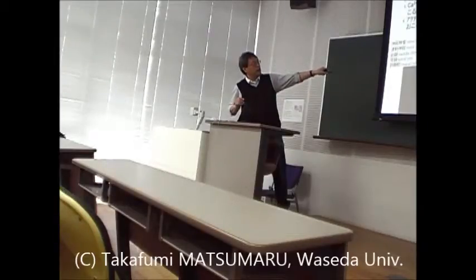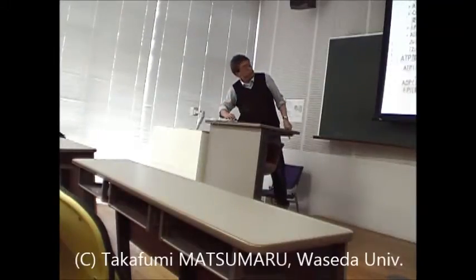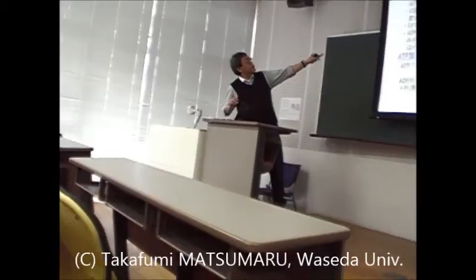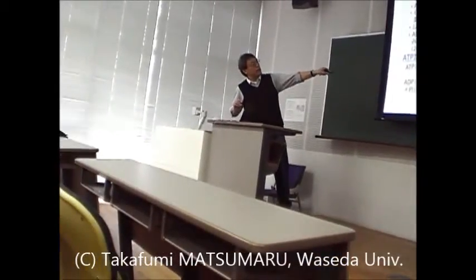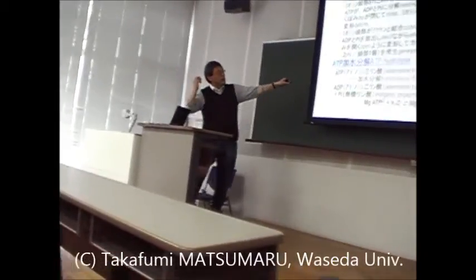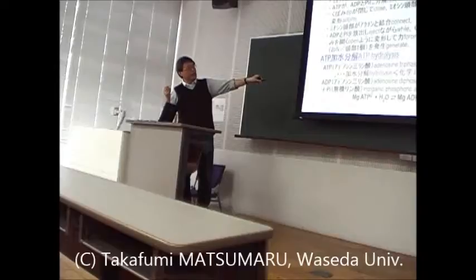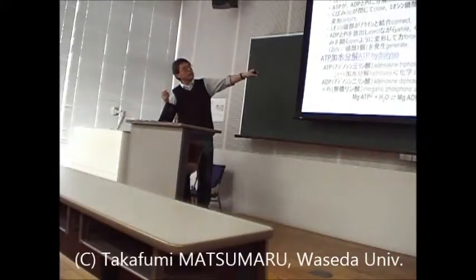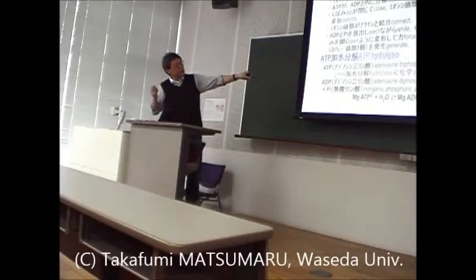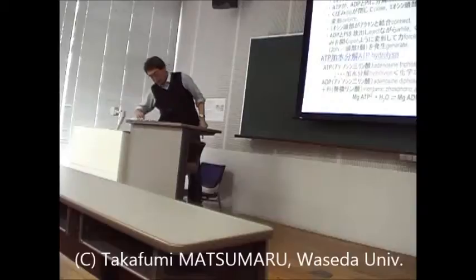Some signal is a trigger to release calcium, and it makes a contraction. This is also the relative sliding movement mechanism, which is also shown in the video. And ATP hydrolysis provides the energy for this cross bridge movement. There are also many videos you can find on the net.